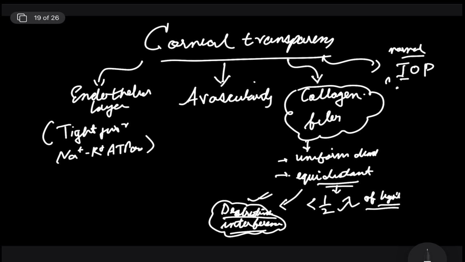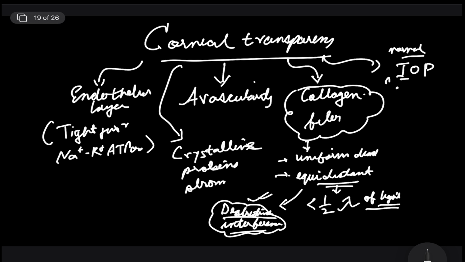Done. Another point that I hadn't mentioned when I was talking about the stroma, but is related to the stroma nevertheless, is the fact that the stroma has special proteins called crystalline proteins. So the stroma has the type 1 collagen fibers which are laid out in a specific manner.